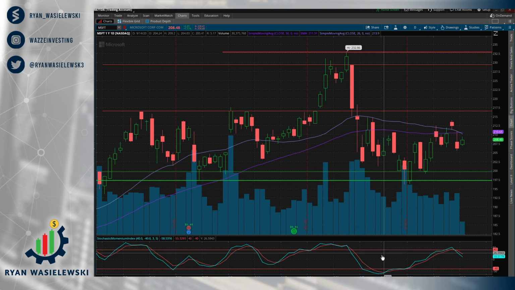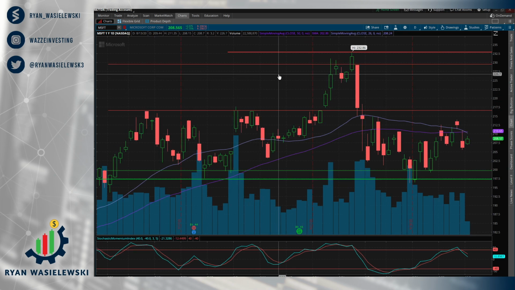In addition, we have the stochastic indicator heading back down to the neutral. So potentially these two indications will mean that there'll be a short-term pullback in the stock price before it could potentially break through the long-term moving averages and head up. So these are two indications here that there's potentially a short-term move to the downside for Microsoft.